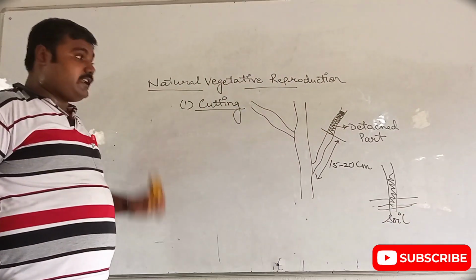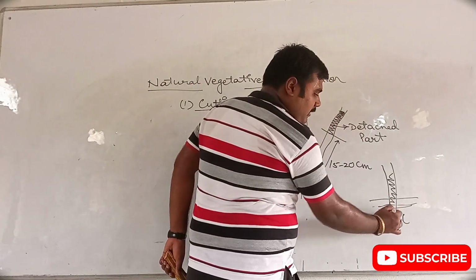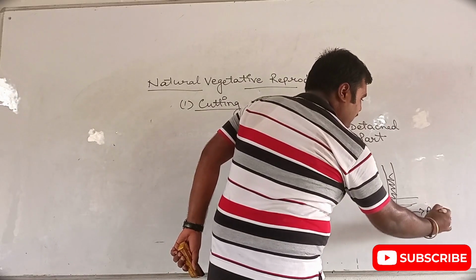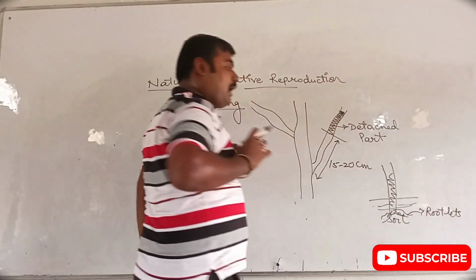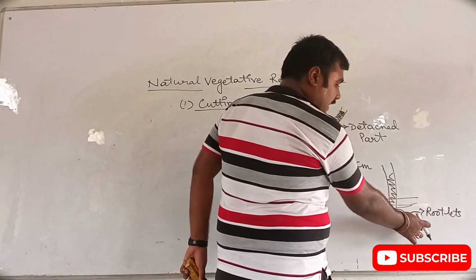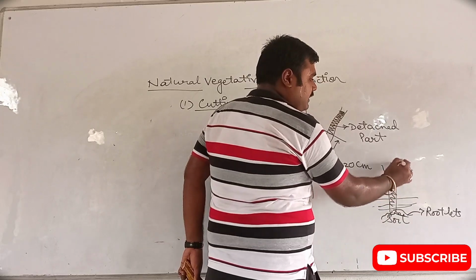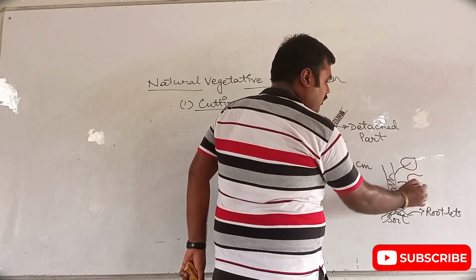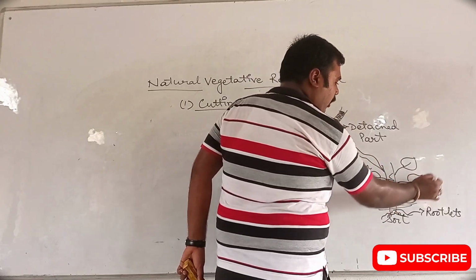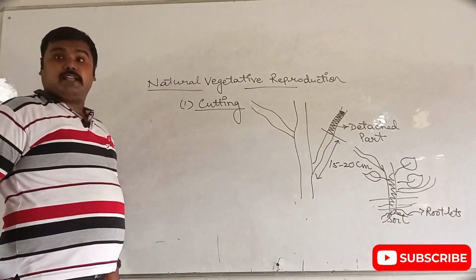When it is transferred into the soil, by the nutrition present in the soil, small rootlets will start to come out from the lower part of the plant, and later these rootlets will help take nutrition from the soil. Later the leaves will develop on these branches, and some more branches can also form on the detached part which was sown in the soil.